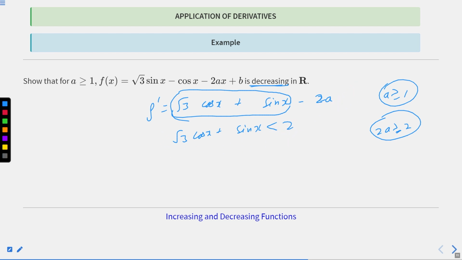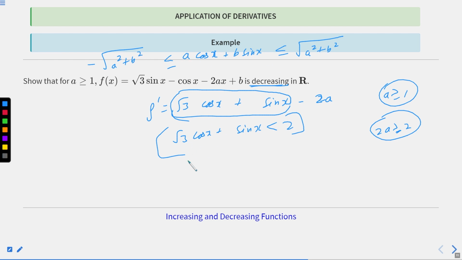So can I show this? Yes. Please remember the trick I will be using. Whenever you are given a cos x plus b sin x, remember it will always be less than or equal to root of a squared plus b squared, but greater than or equal to minus root of a squared plus b squared.